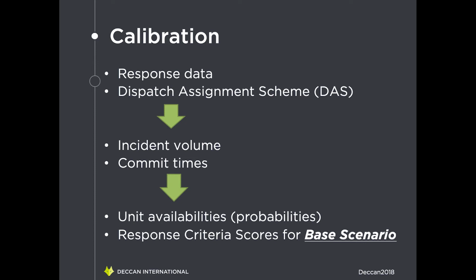As a general rule, we use what the data tells us, but we have the ability to work with you to show what the impact would be if we changed the dispatch assignment scheme. That's something we have to do behind the scenes.